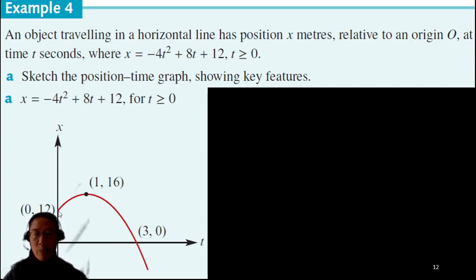Remember, t cannot be negative, so t equals 0 is your initial position. We start at x equals 12. It goes up to the turning point at t equals 1 at a position of 16, and then it goes back downwards towards the origin at t equals 3.